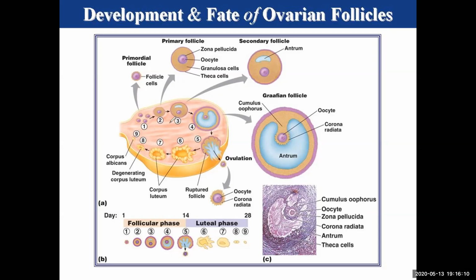So the book has to do this to show you the different stages of development, ultimately from primordial follicle becoming the Graafian follicle, okay? Every month there are like 15 to 25 follicles competing, and only one is basically selected because that dominant follicle develops faster than the other competing follicles in the process of becoming the Graafian follicle.